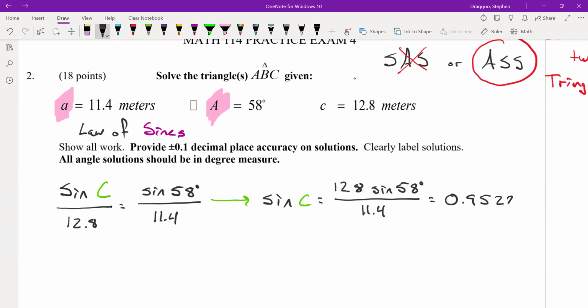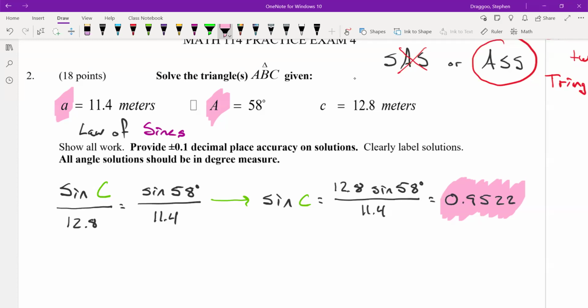0.9522. I'm gonna highlight this number right here. This number is the one that's telling me that I've got two triangles that I need to solve for. Sine of C is equal to a number that's less than 1, which is good because that's where sine is defined. If this number were bigger than 1, I'd have no triangles. But it's smaller than 1, so I can solve it.